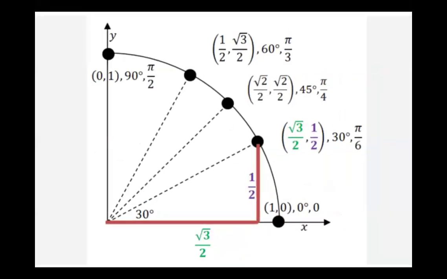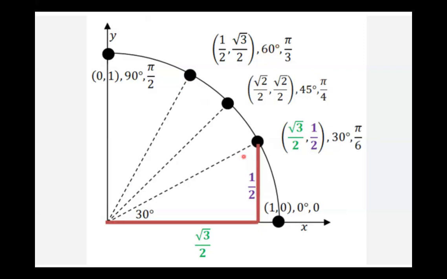These dashed lines, this first one is showing 30 degrees. The second one is 15 degrees further, so it's 45 degrees. And then this third line is 15 degrees past that, so it's 60 degrees.